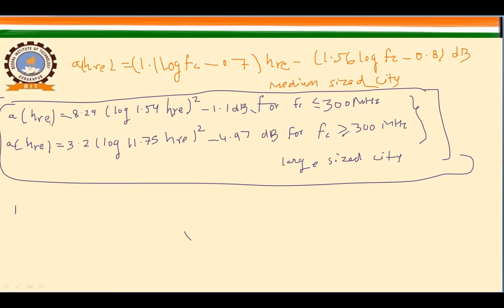So L50 dB is equal to L50 urban - 2 (log(fc/28))^2 - 5.4.